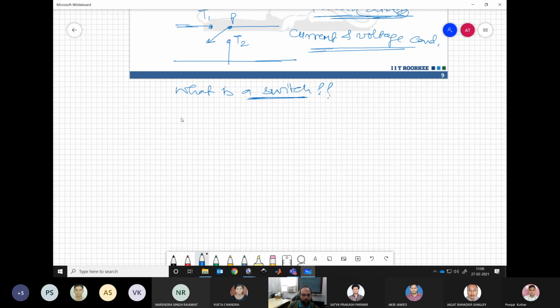From our experience or from other examples, we know that a switch is a bistable entity and it has certain qualities. Let us say it can block some amount of voltage and it can conduct some amount of current. These are the properties which it has.